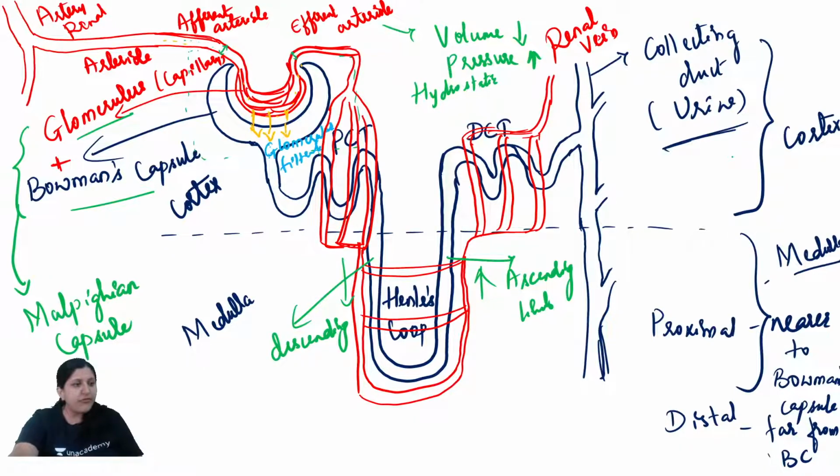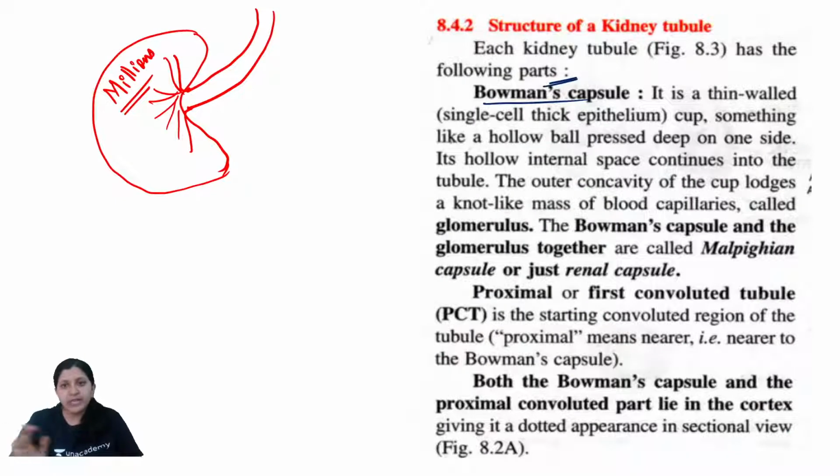Before I continue, let's just read this part. When we mention Bowman's capsule, it is a thin walled, single cell thick epithelium. So this is a Bowman's capsule now. It will have a thin wall, and there is an opening here.